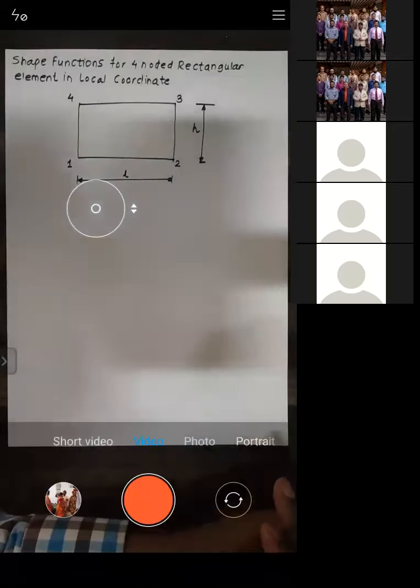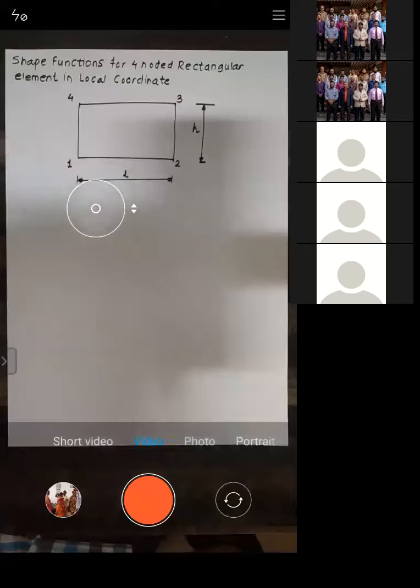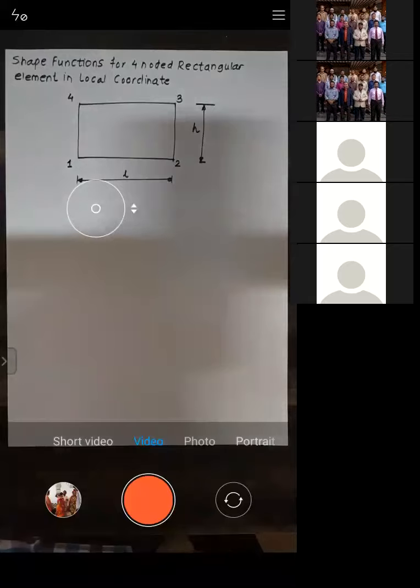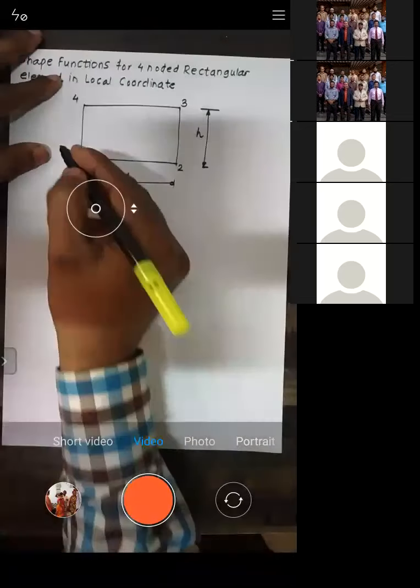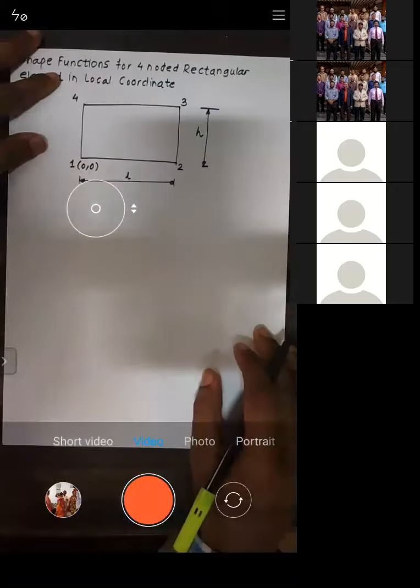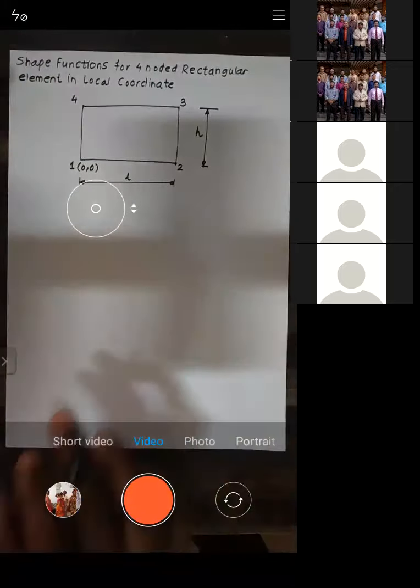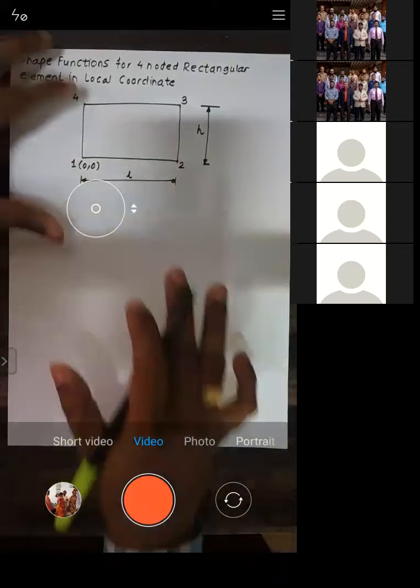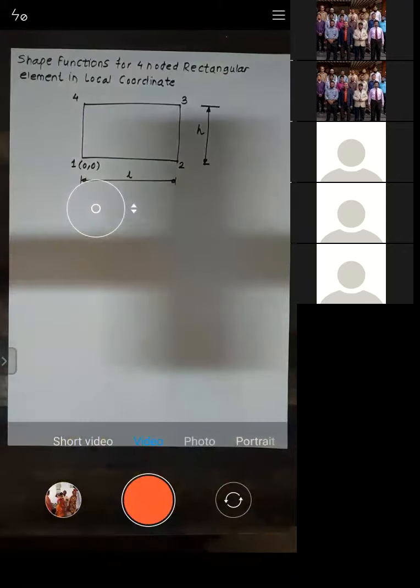That is called a local coordinate system. So we will assume node 1 as a reference node with coordinates 0, 0. Now tell me the coordinate of node 2.